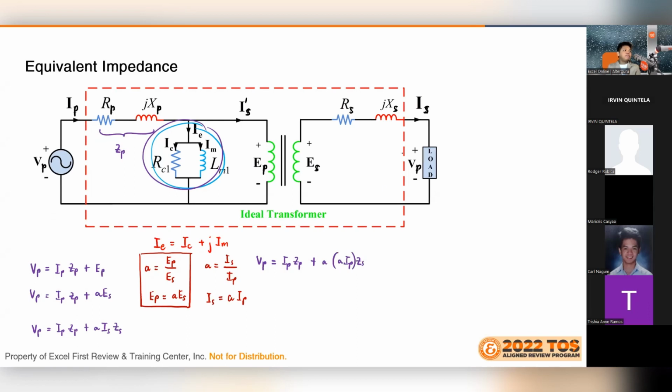Ayan. Okay? So, ibig sabihin, pare-pares na siyang IP kasi kailangan kong magawa siya ng paresing current eh. So, ang VP natin is IP times Zp plus A squared Zs.